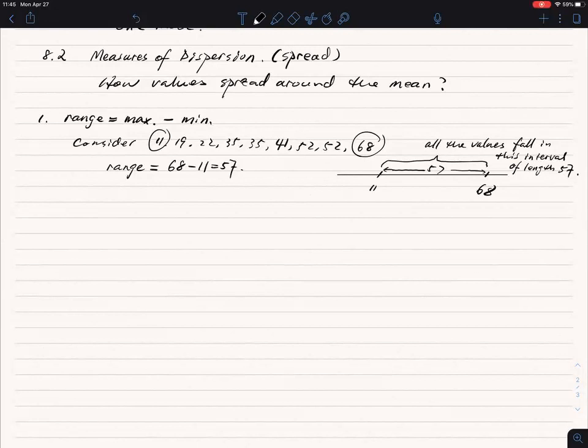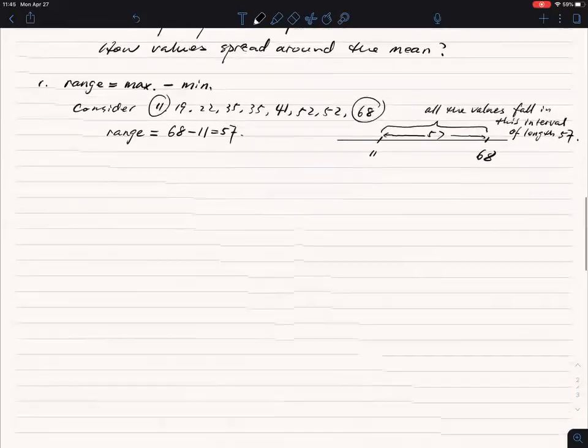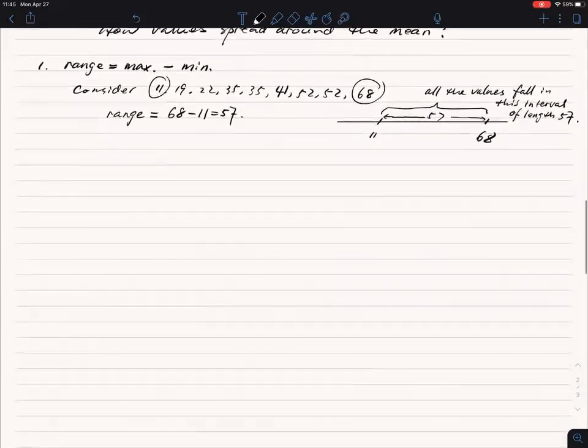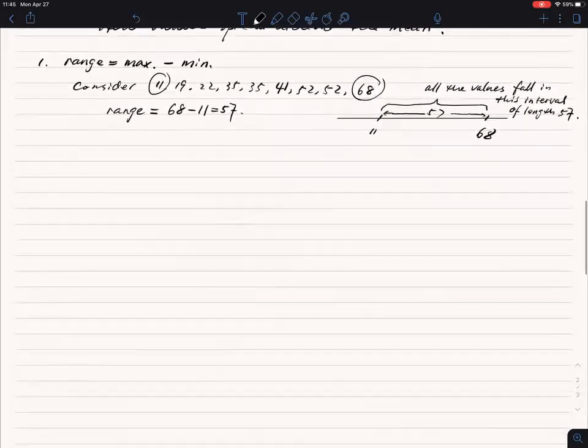It's like looking at a painting from a far distance; you only have a very rough idea. If you want a better idea about how the values distribute, you have to look close and involve every single value in the data set. That leads to a better measure of dispersion, called standard deviation.